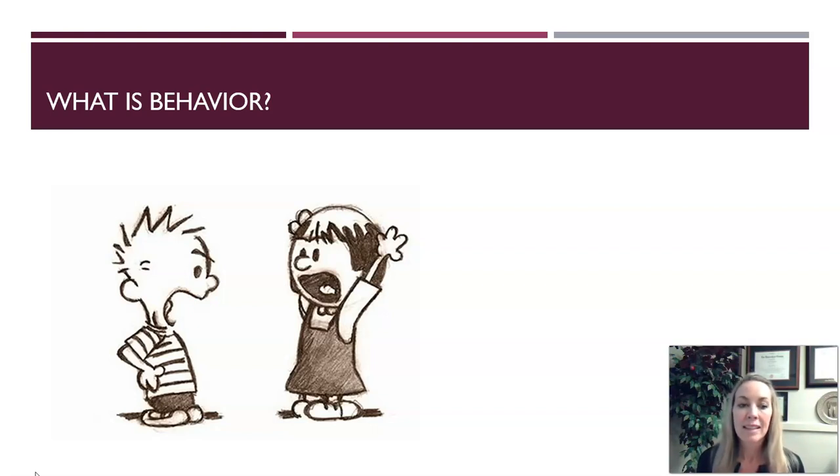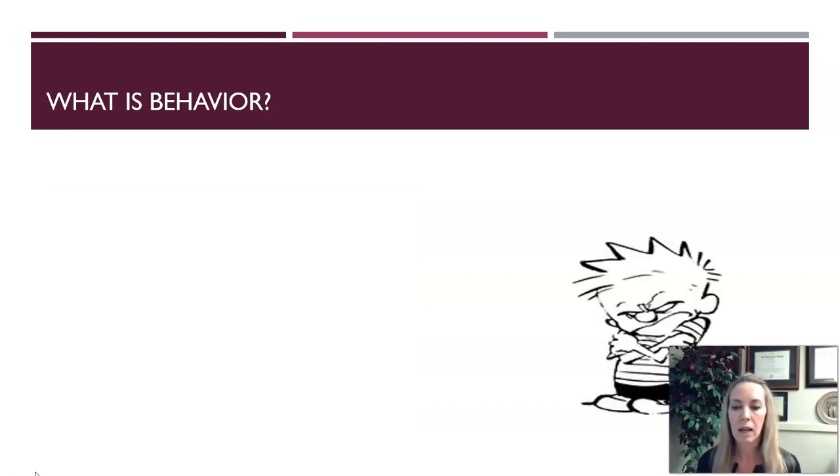For example, yelling at another person or yelling at the teacher is an overt behavior. So this can be observed and measured. You could measure how long, how intense, or how much Calvin is yelling at this girl. Now, feeling frustrated at a teacher, that is an inner state, and that cannot be defined, observed, or measured easily.